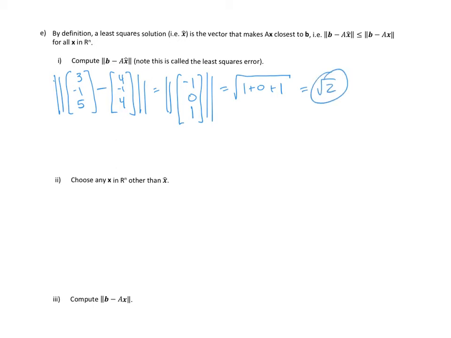All right, so now I'm supposed to choose any x in Rn, in this case R2, other than x hat, right? So x hat was 3.5, remember? So I can pick any other vector in R2. Let's just pick a real easy one, 0, 0. Okay. And I'm going to compute B minus A x.